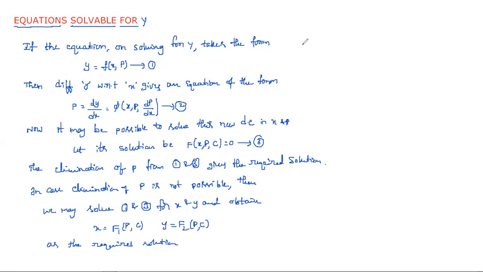If the question does not specifically mention y or x, you can use either one. If they mention solvable for y, you need to follow y. If it is x, you need to apply x.